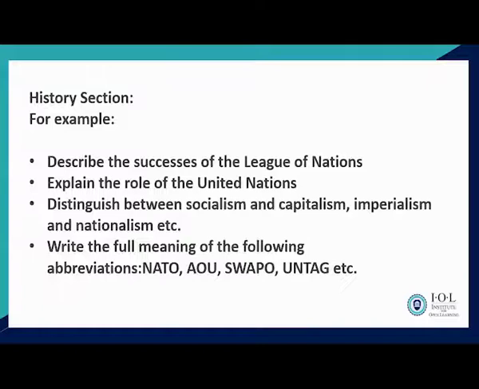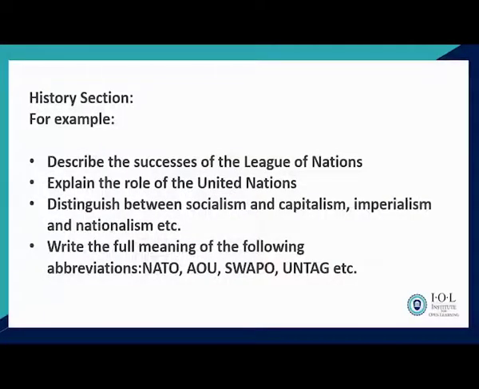I think now it is only the African Union, AU, and then SWAPO and UNTAG. Also pay attention to some of the other abbreviations in the course, especially under the history section, and what they stand for. Another one that I can mention is SADC, for example. You should be able to know the full meaning of the abbreviation SADC.